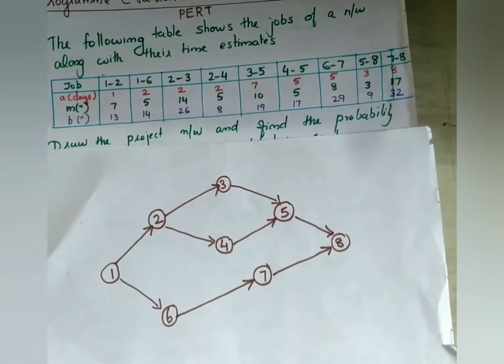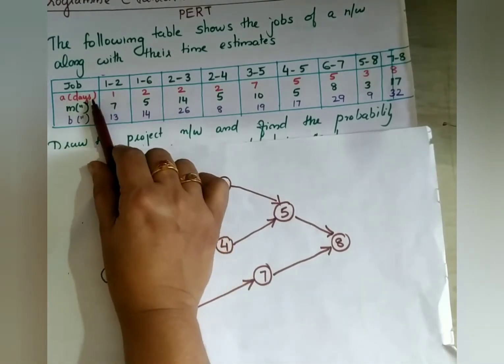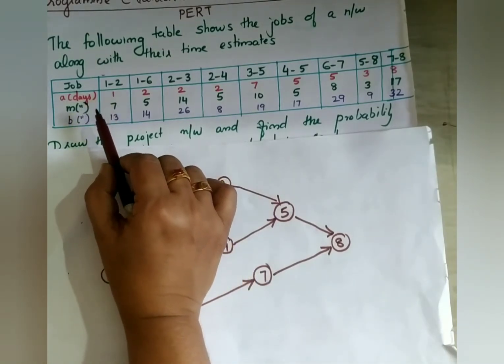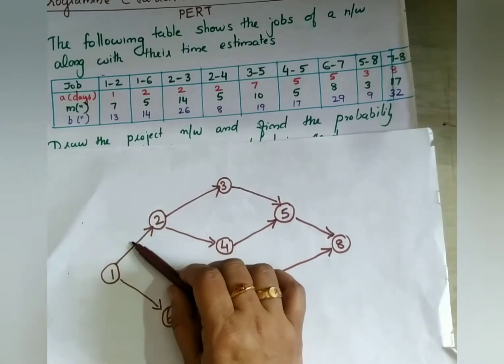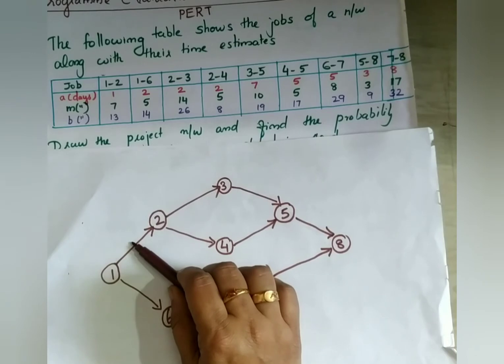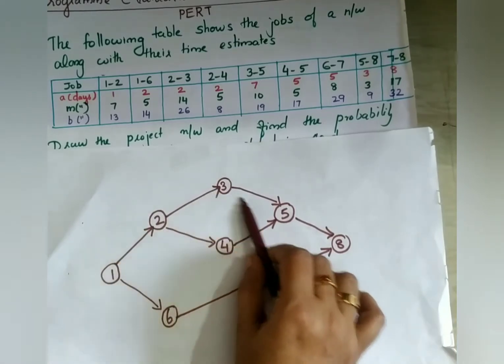Next, they have not given the timings, the TE, estimated time. That means for activity 1 to 2 it is not there. The TE you have to find out, that is our question, then only we can get the critical path length.